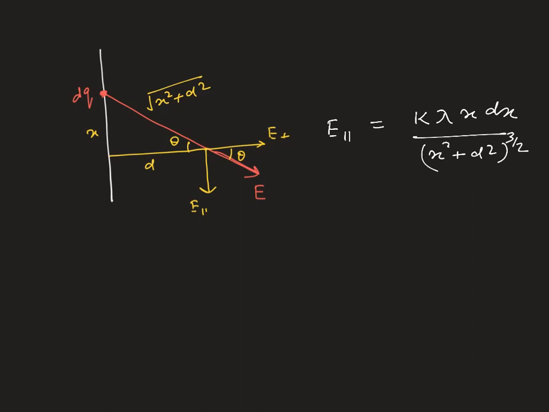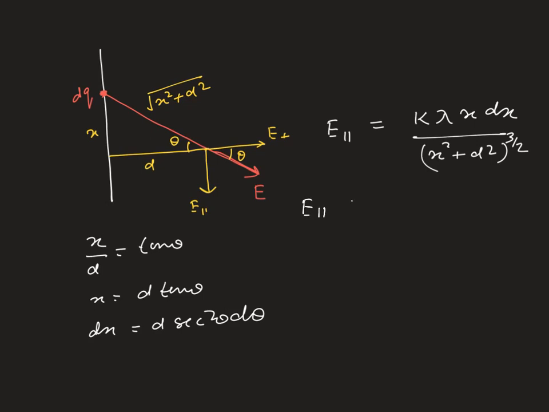Again, we'll use the same substitution. x upon d equals tan theta, x equals d tan theta, dx will be equal to d sec squared theta d theta, and we'll substitute it here.